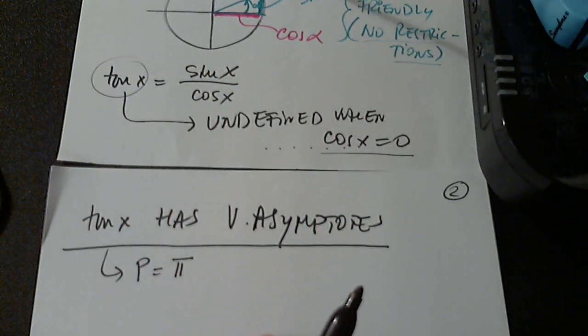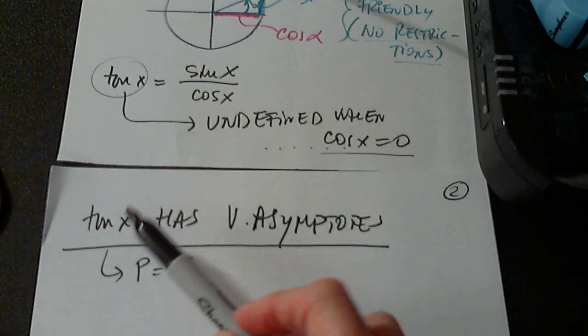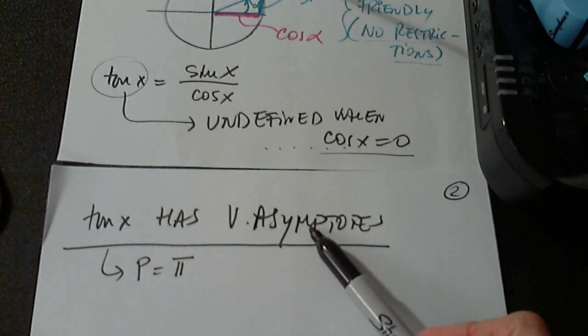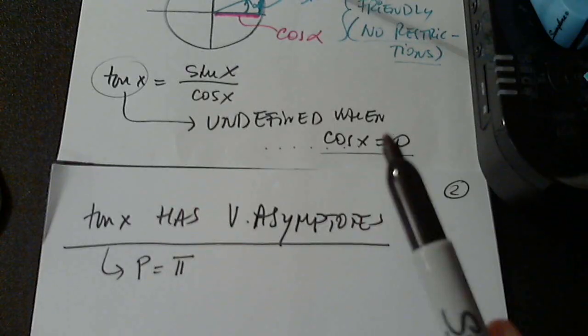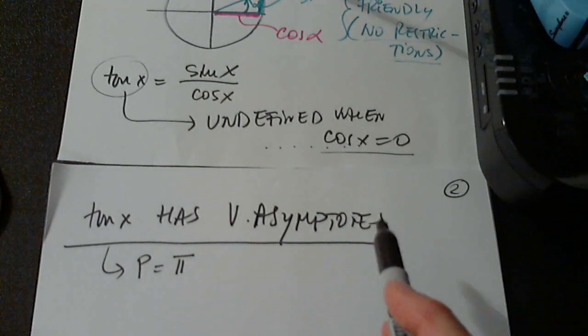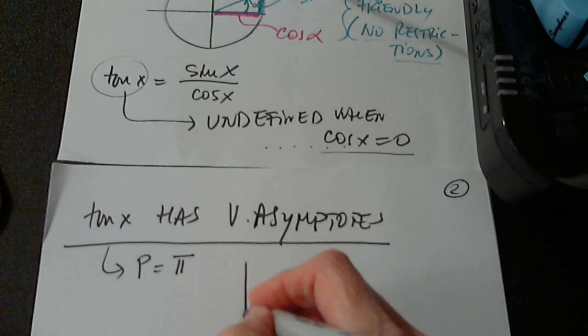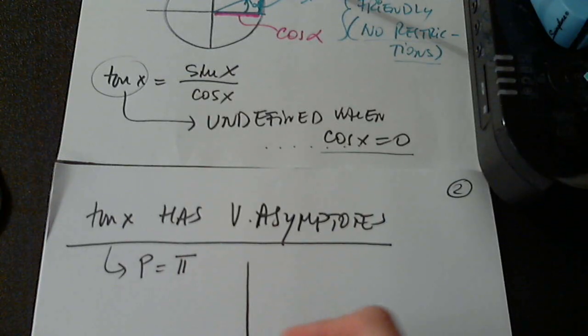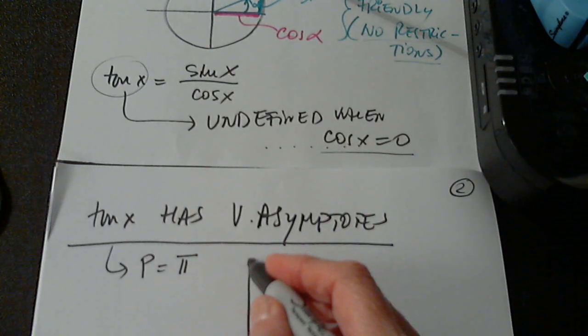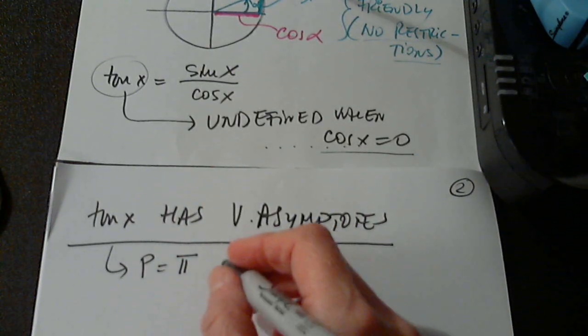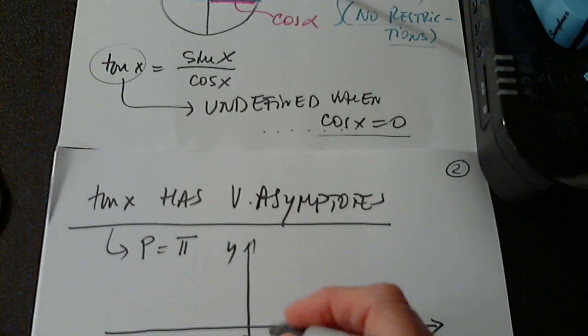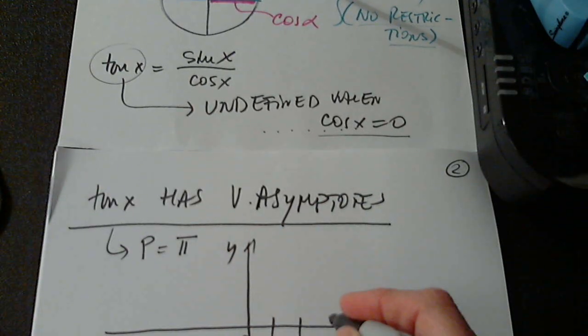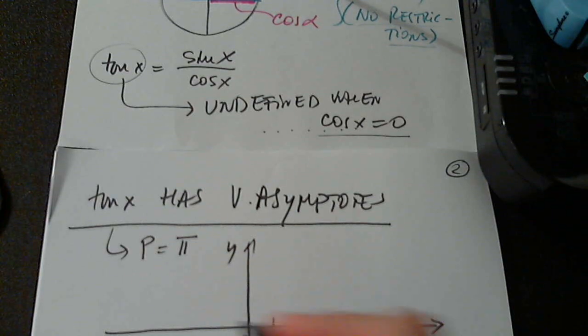Okay, so we know that now the tangent has vertical asymptotes, like the other three as well, of course. But where are they? So let's see, because we have to draw the asymptotes first. So pi over 2, pi, 3 pi over 2, 2 pi.